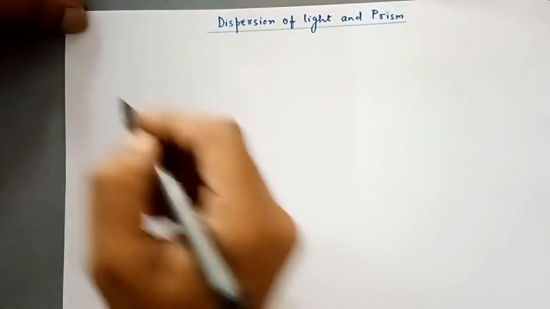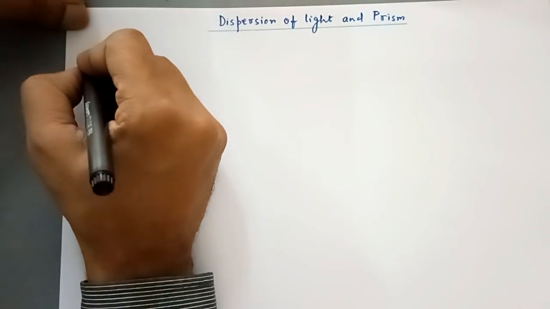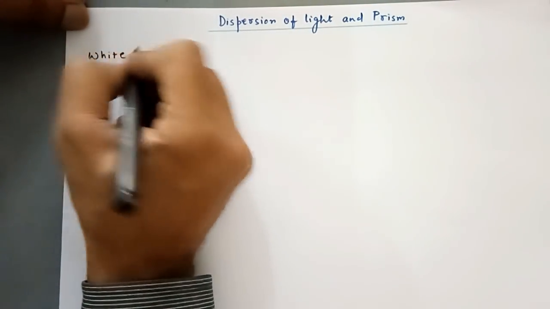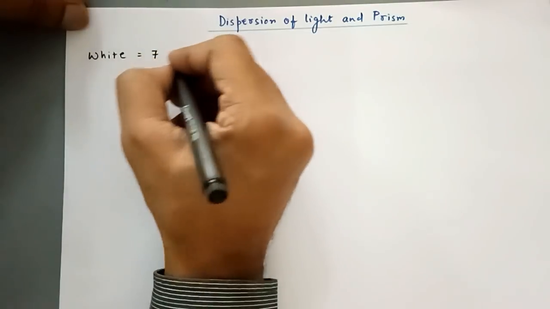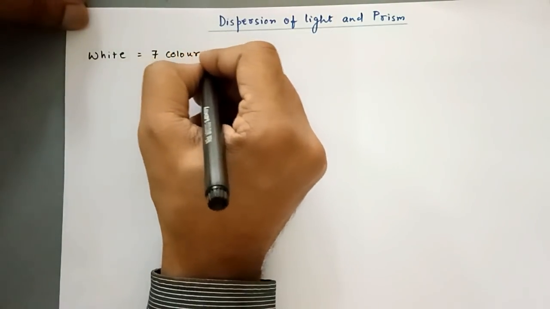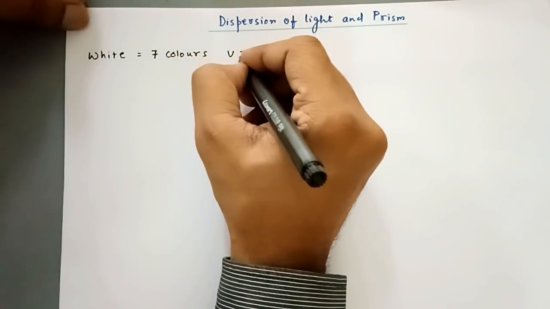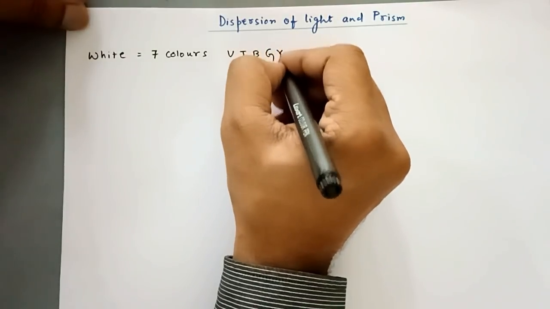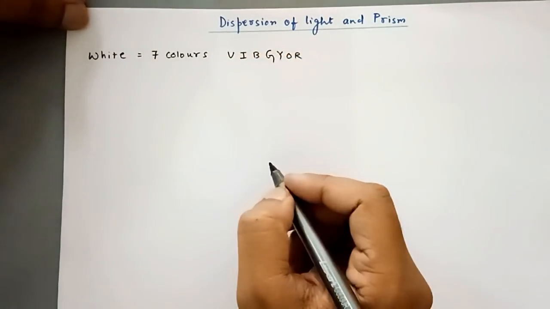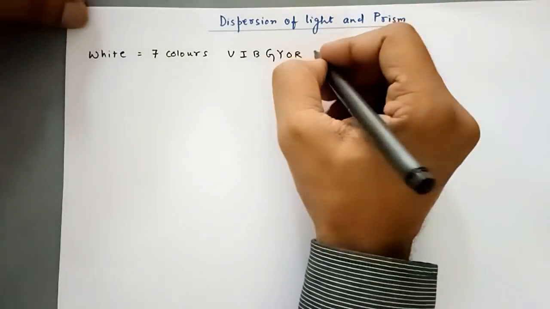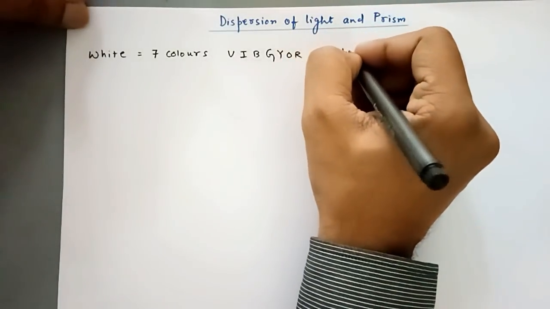So white light actually is made up of 7 different colors. All 7 colors of light are the following. White light is called a polychromatic light.